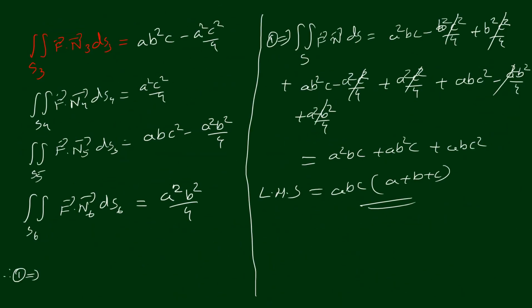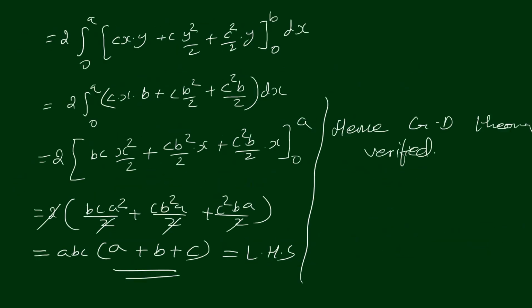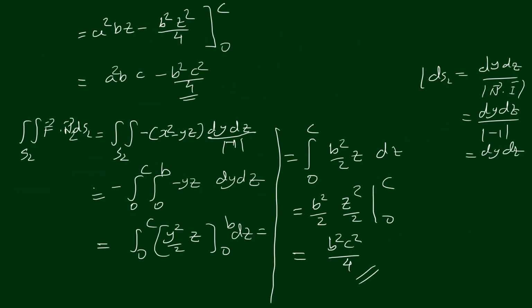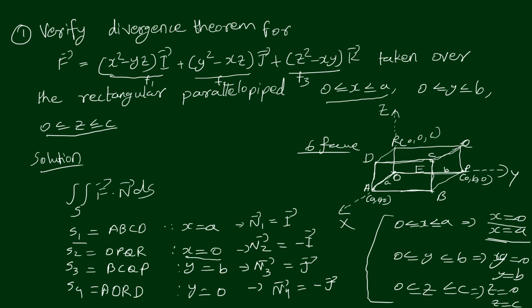But finding the right hand side was very simple. By finding the divergence and this triple integral, you get the answer. So in such cases, we can use the divergence theorem. For complicated surface integrals, we can use the divergence theorem and get the answer easily, simplifying the method of solving the question.